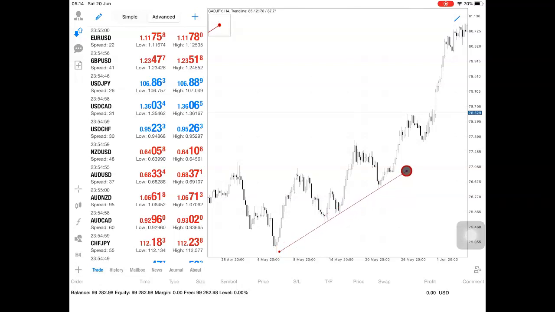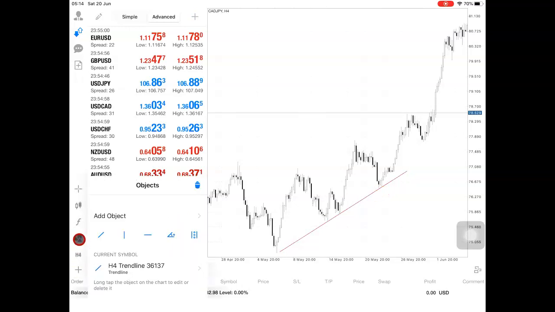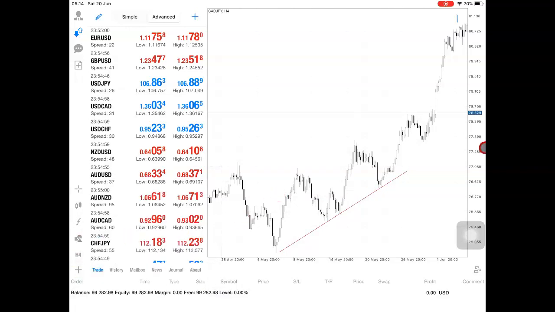So now assume that we did our analysis and there's nothing from this point to the right. But because we did our analysis properly, we have support here, we have support here.